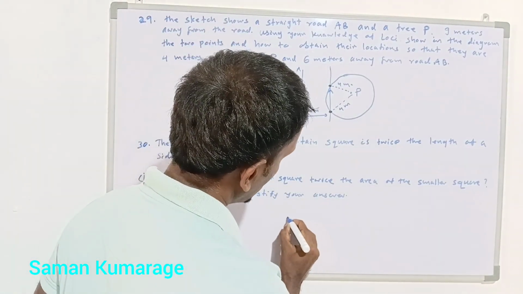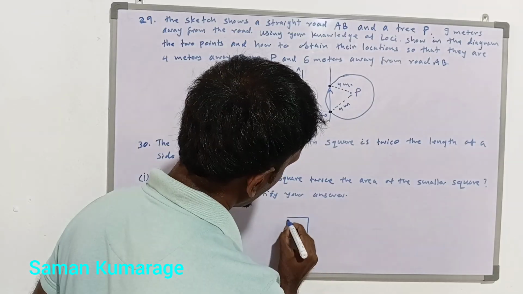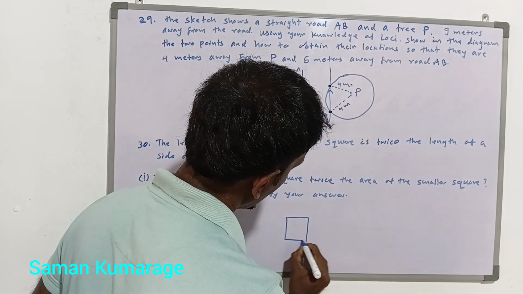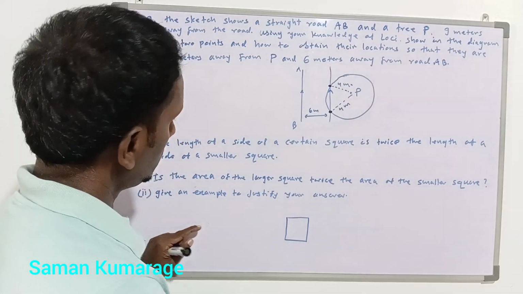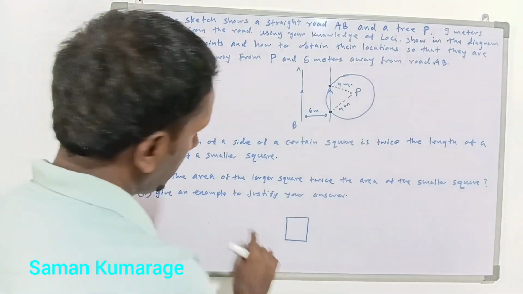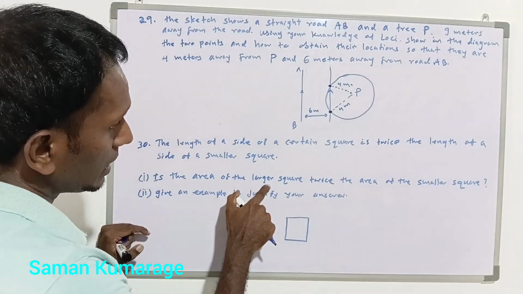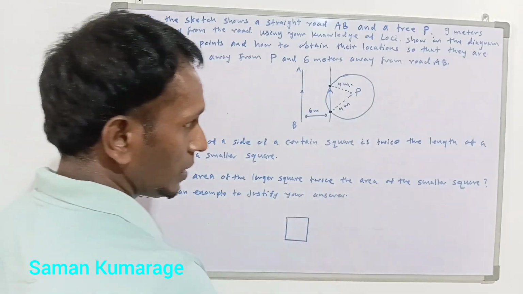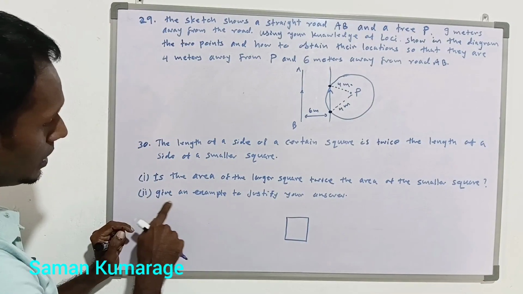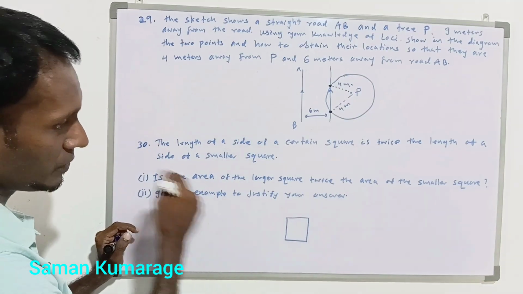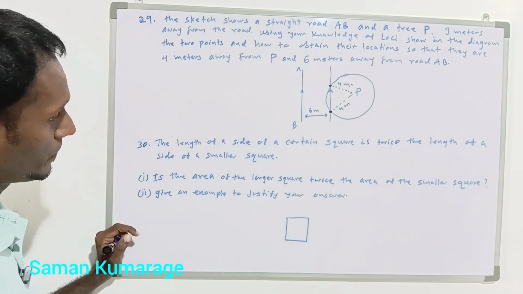First we draw a smaller square. And then they are asking, is the area of the larger square twice the area of the smaller square? Give an example to justify your answer.